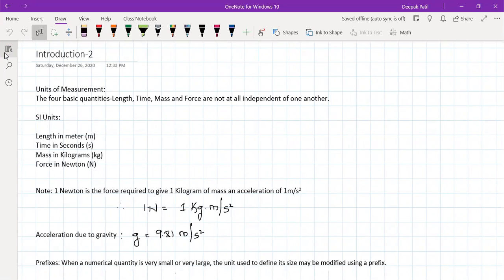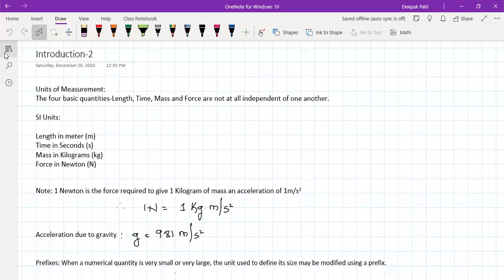Now, after this, we need some units of measurement, which are very important. The SI unit for length is the meter, and time is in seconds. The m and s are in small letters; you should note that down. Mass we represent in kg, with k and g both small.